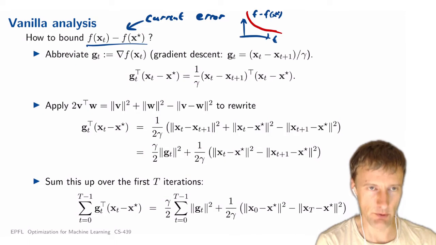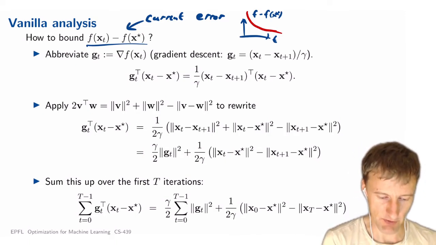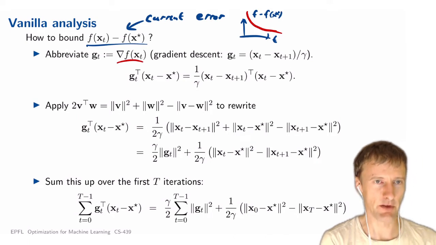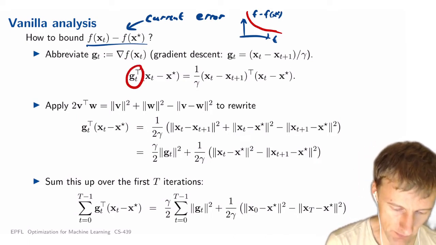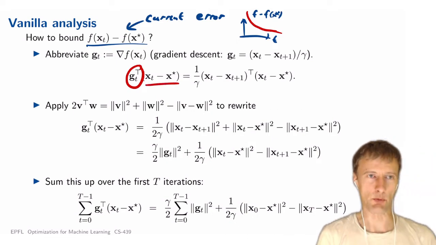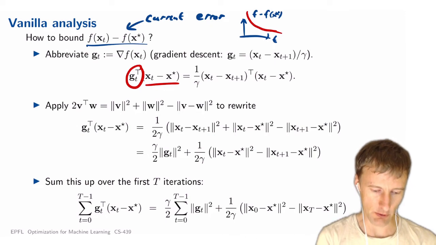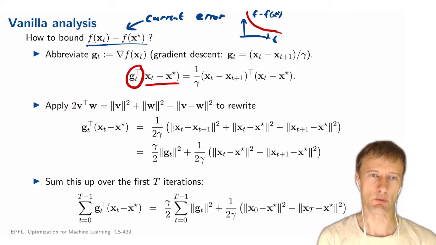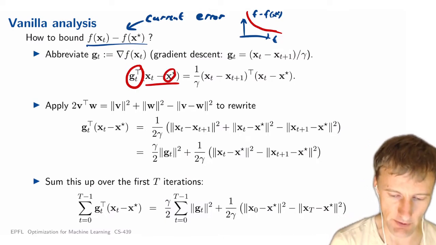To do so, maybe the first step will sound a bit magic to you, but we will look at the gradient, and we look at how that gradient relates to your position relative to the optimum. So you're currently at position xt. You want to go to the optimum. We don't know where the optimum is, right?